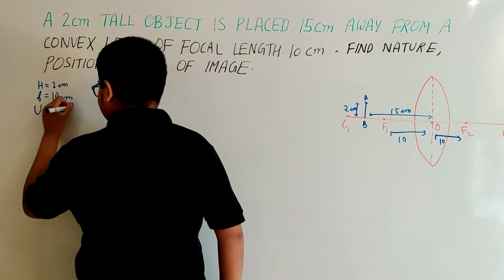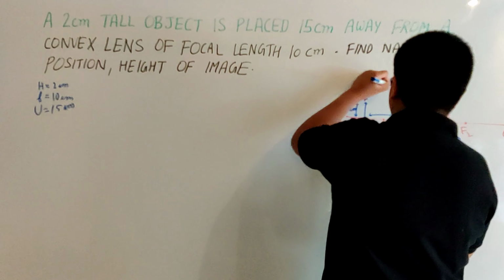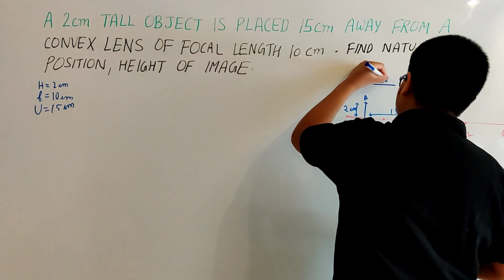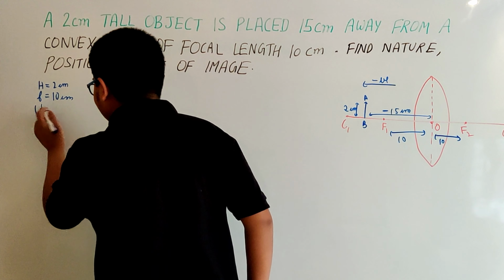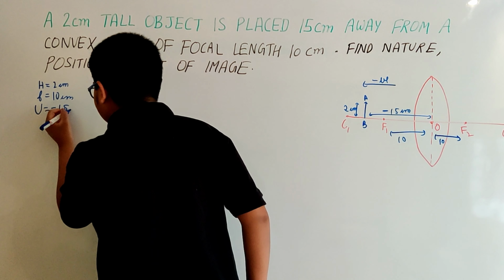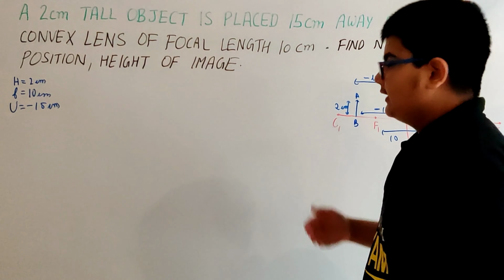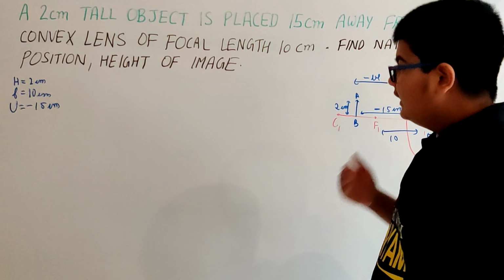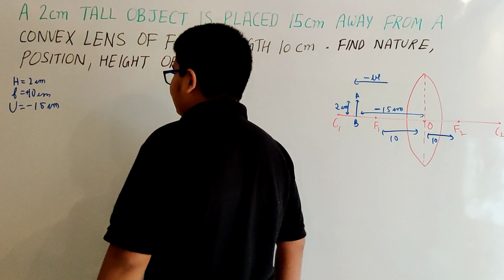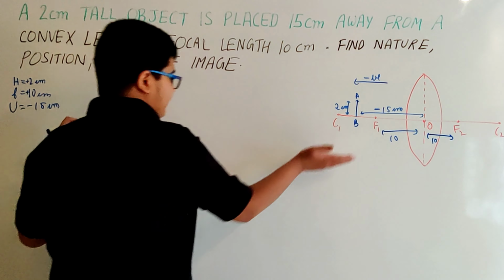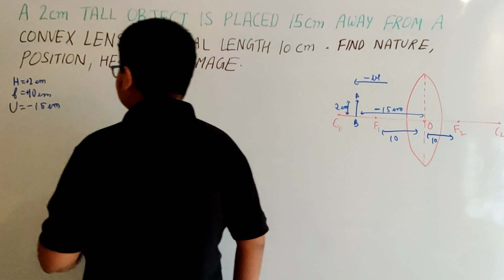Now basically you can see that this object distance is to the left, so it will be negative. So u will be minus 15. But f will be positive. This is because I told you earlier that for convex lens always the focal length is taken as positive, so it will be plus 10. And height is also positive as it is above the principal axis. Distances above principal axis are always taken as positive, so height will be positive.